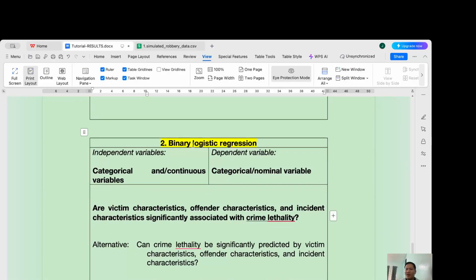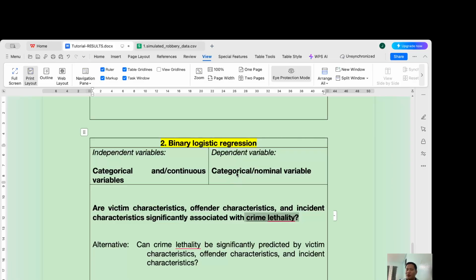Now let's go to binary logistic regression. Here, the dependent variable is categorical, or nominal specifically. So the dependent variable, the effect we're trying to see in our study, is a categorical or nominal binary variable like crime lethality. Crime lethality is measured as whether the victim was harmed or not harmed. When we say harmed, whether killed or wounded, versus unharmed.